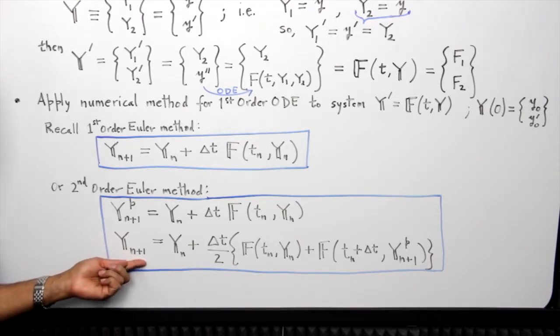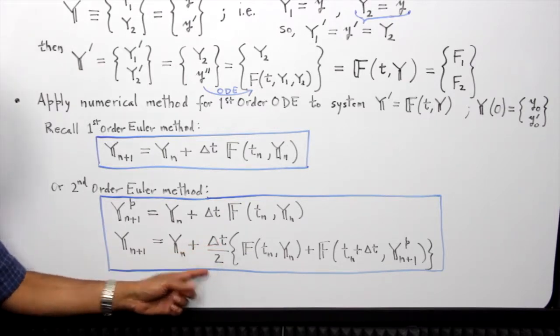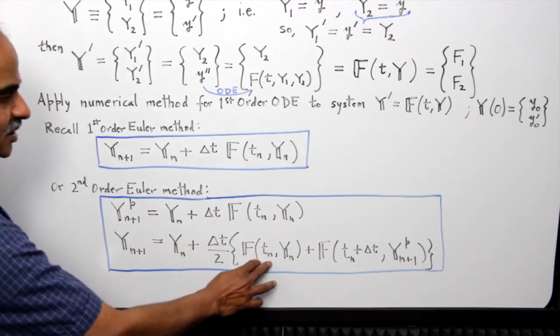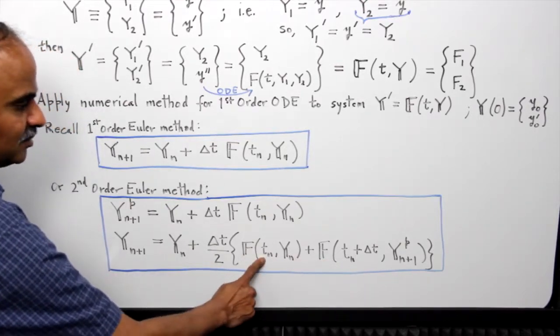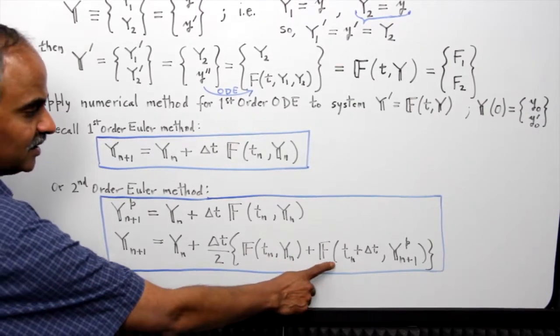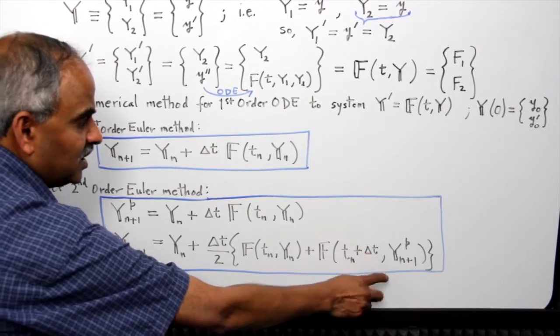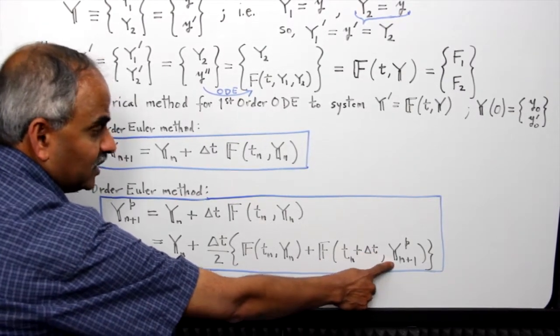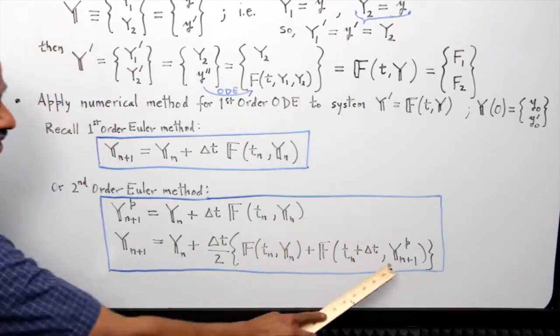So we say Yn plus 1 is equal to Yn plus delta t times 1/2. So this is the value of the right hand side at time tn, when we know capital Y there, and at time tn plus delta t, we can call this tn plus 1. The value of Y is not known, but we have a prediction for it. We have an estimate for it, which we can use.